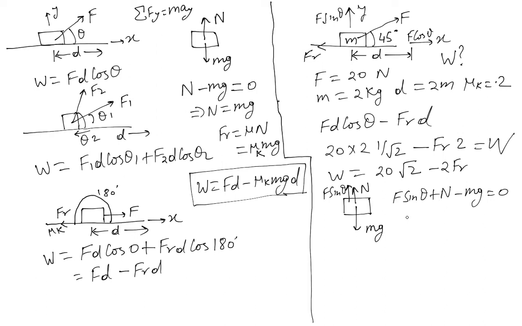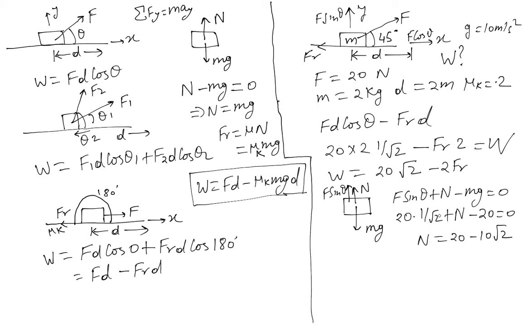We get 20 multiplied by 1 over root 2 plus N minus 20 equals 0, where for the sake of simplicity we take g to be 10 meters per second squared. And if you solve this, you will see that N turns out to be 20 minus 10 root 2.